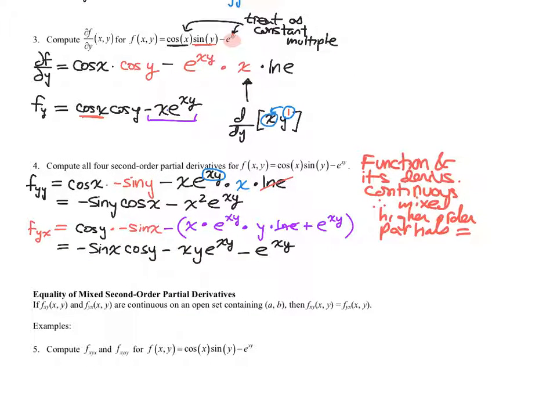All right, terrible penmanship, I know, but it's saying if the function and its derivatives are continuous, then the mixed higher order partials will be equal to one another.